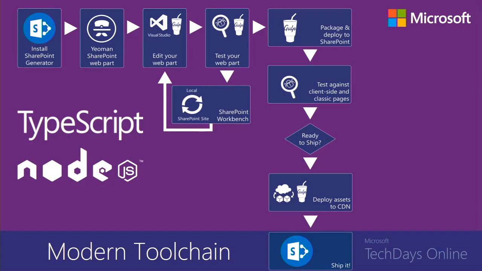Just for people that aren't aware, TypeScript is basically an abstraction layer where you write what looks like JavaScript, but it has typing and extra features that JavaScript doesn't currently have. A lot of it's coming into JavaScript, and it compiles down to raw JavaScript. So the end result is JavaScript, but you get a slightly nicer developer experience, which is what TypeScript's all about. And you can still write raw JavaScript. If you're a JavaScript expert and you're confident you know the output you want, by all means stick it straight into a TypeScript file. The transpiling will just take it and push it out as is.